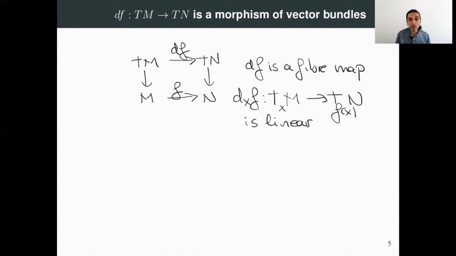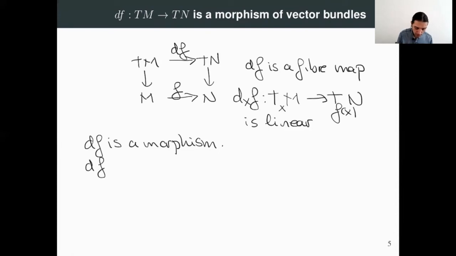So the differential of F is a morphism of vector bundles. Now it is interesting to check out when this differential is a monomorphism, an epimorphism, and so on.